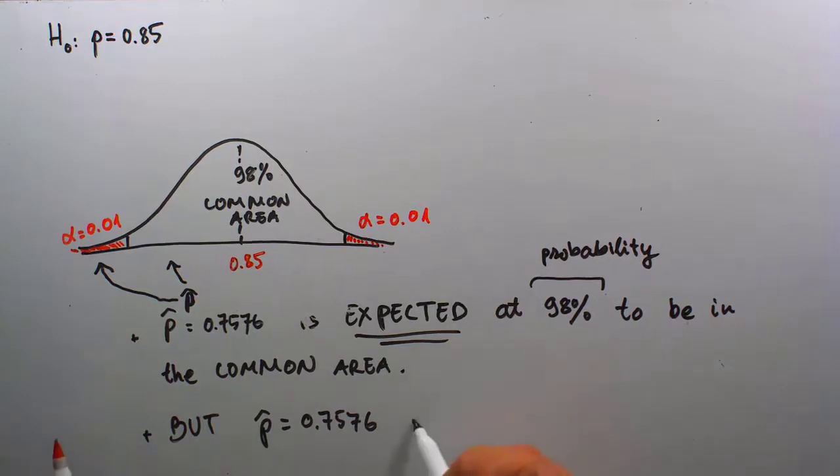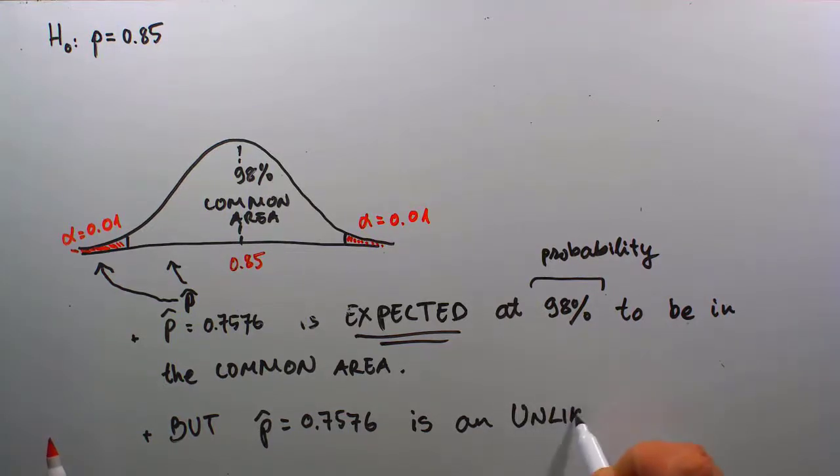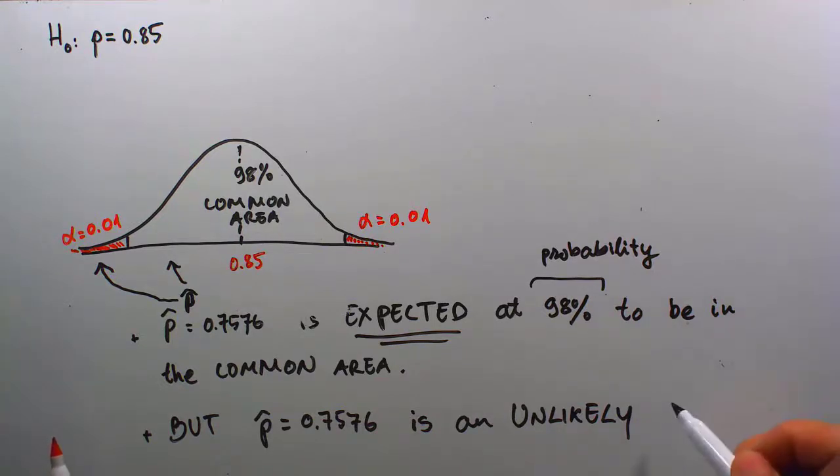Ultimately, p hat is an unlikely value. Instead of being in the common area, it fell right in the unlikely area, and it is an unlikely value.